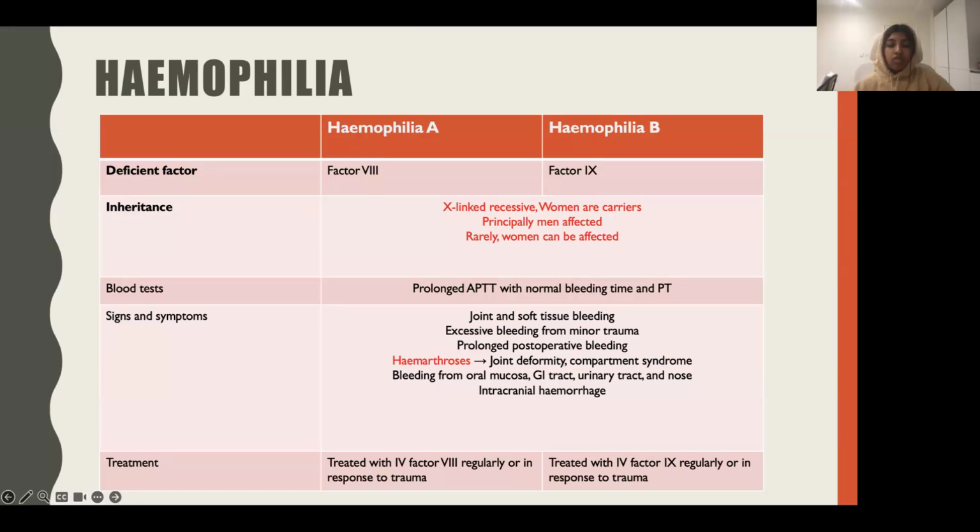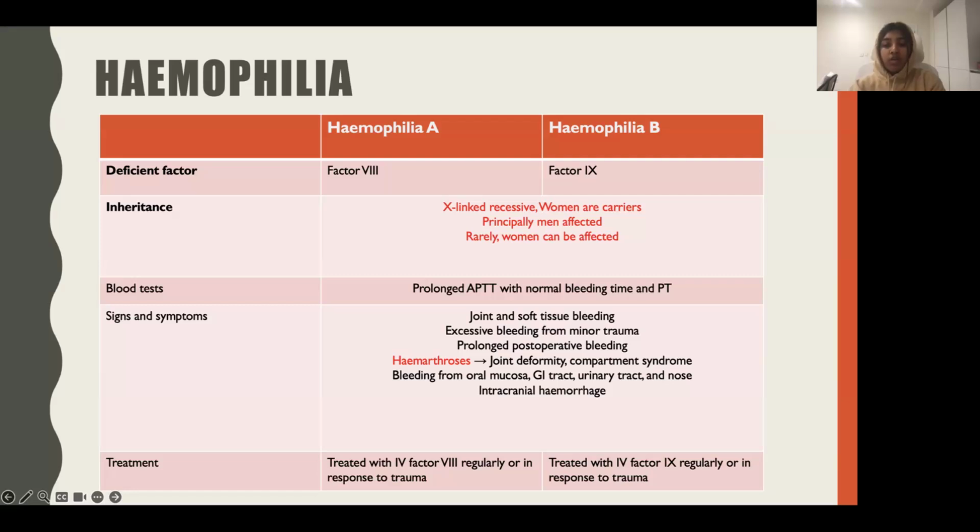Signs and symptoms, joint and soft tissue bleeding, excessive bleeding from minor trauma, hemarthrosis. So hemarthrosis is very characteristic in hemophilia. You can get joint deformity, compartment syndrome. Again, you also have mucosal bleeding.